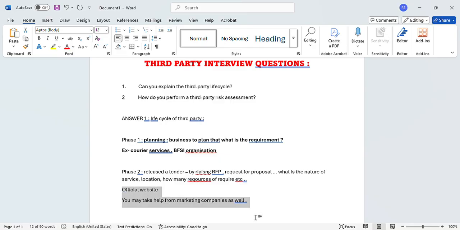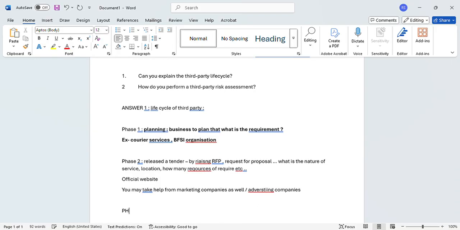You can take help from marketing companies, or you can say advertising organizations. Great. Now come to phase number 3.